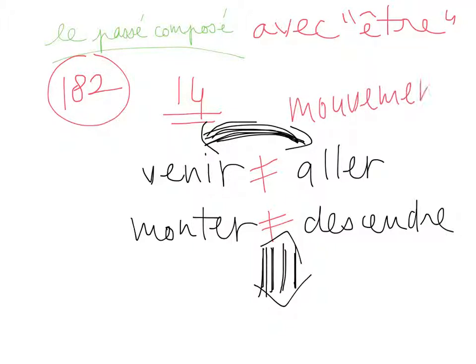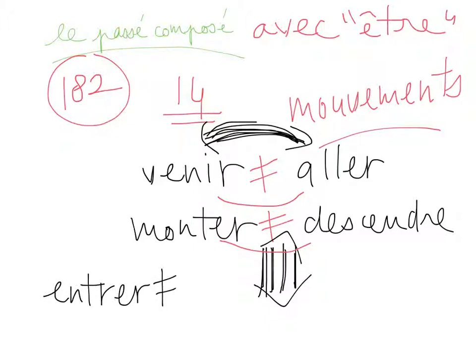There is always some kind of movement involved. And they always work in pairs, like opposites. Aller, venir, monter, descendre. I can write a last one, maybe entrer and sortir. So to come in and to go out. Entrer, sortir is also one of them.